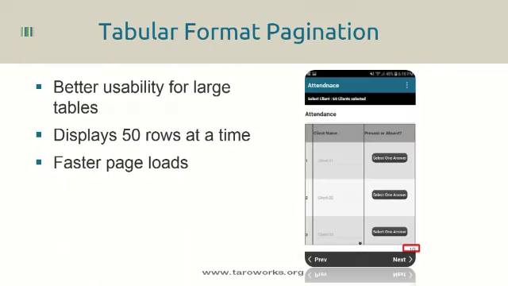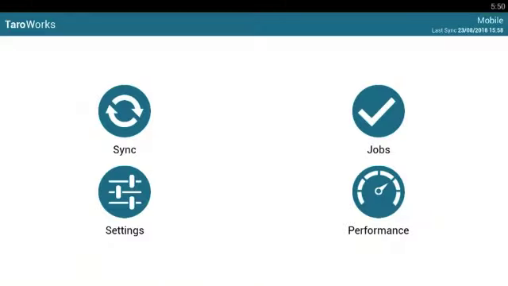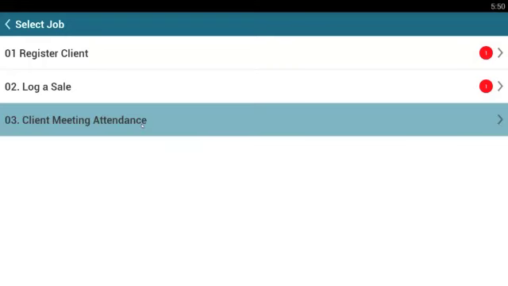Great. So last but not least, an improvement we've made in one of our most popular features, which is tabular format, is introducing pagination. This allows pages to load faster and gives a better user experience to the mobile user. To demonstrate this, I'm going to go to mobile device and to a job that takes client meeting attendance.